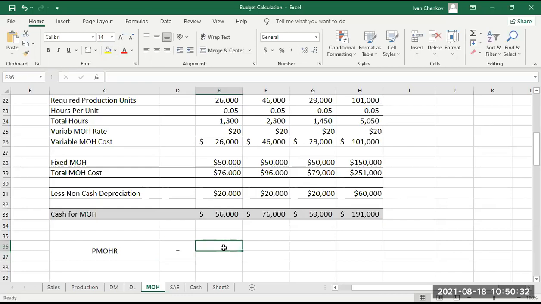We're going to get the total estimated cost for the period. Make sense?